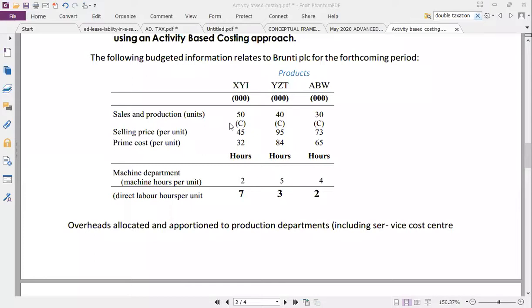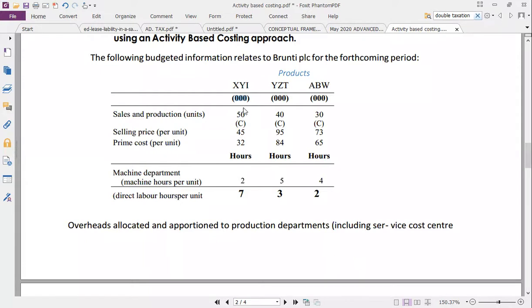Okay, so let's go and pick the sales. The units are here, 50,000 units against a selling price of 45.